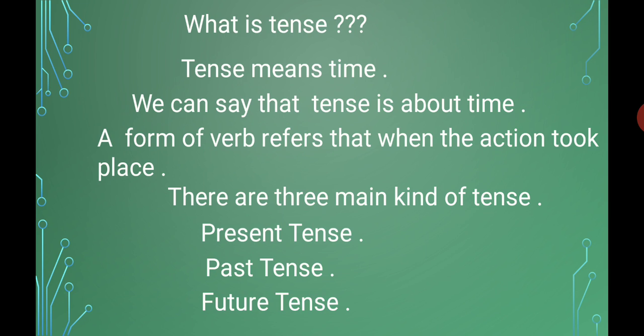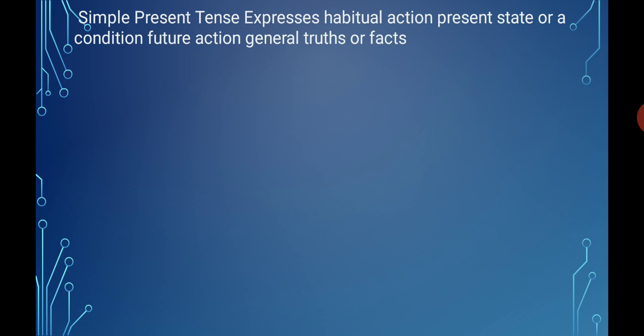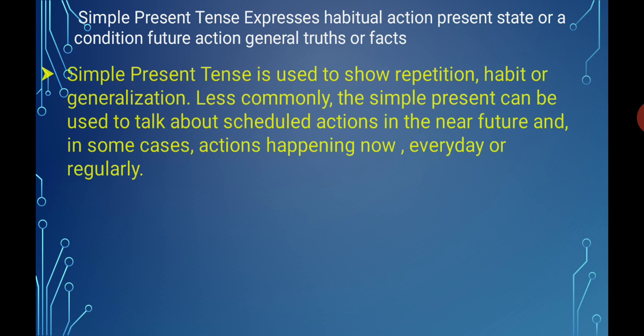So let's move on and get more information about the simple present tense. What is simple present tense and where can we use it? Simple present tense expresses habitual action, present state or condition, future action, general truths or facts. Or we can say that simple present tense is used to show repetition, habit or generalization.